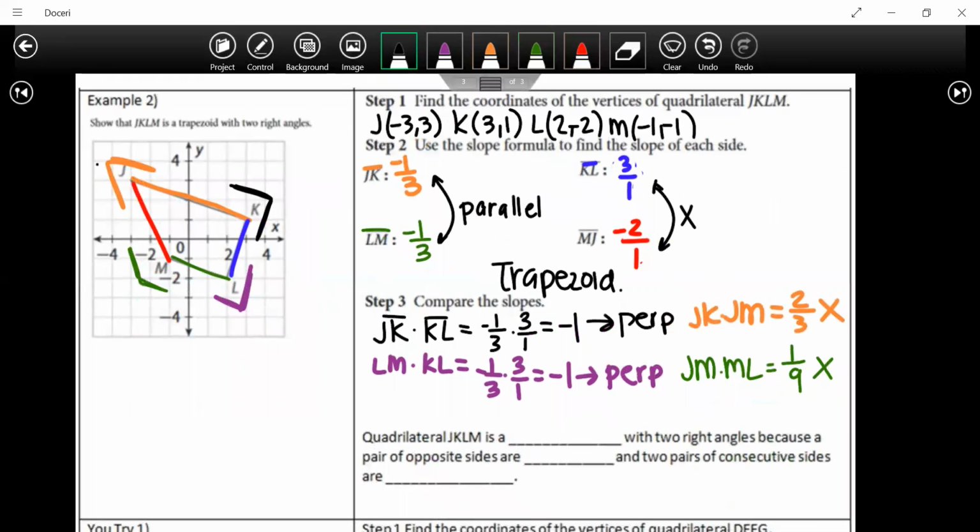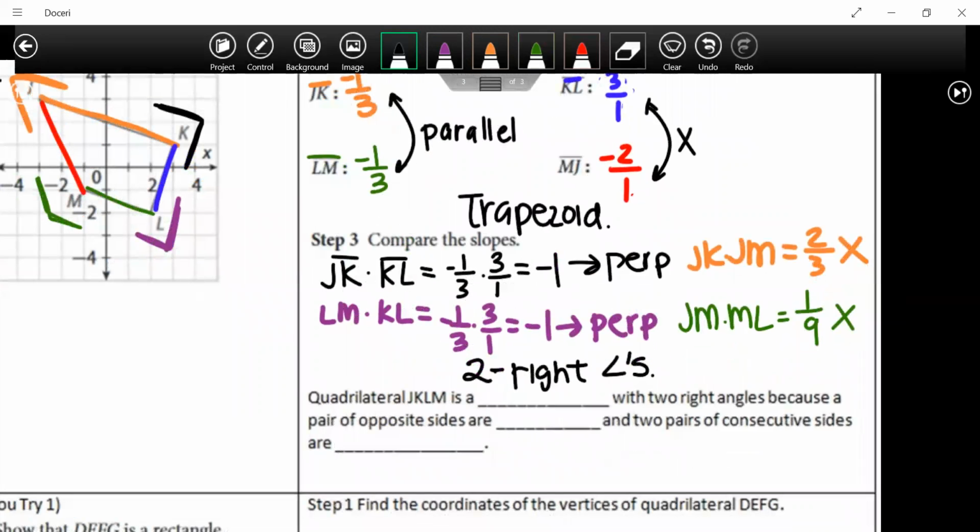What conclusion can we make about the angles? 2 right angles. So the first part we did is we showed it's a trapezoid. The second part we did is we showed there's only 2 right angles. That's it. Done. Okay.